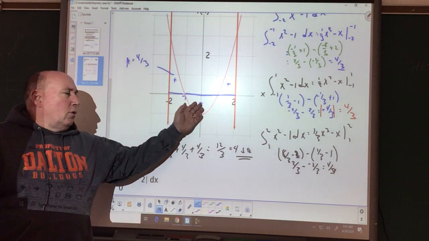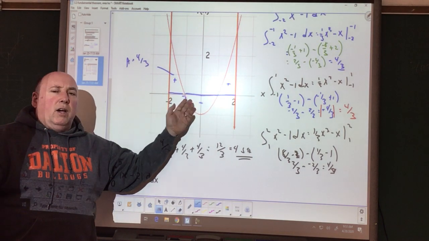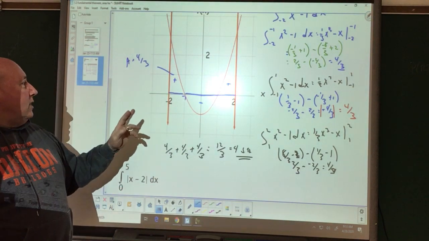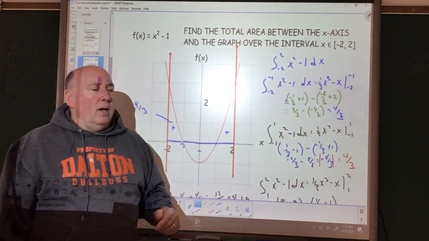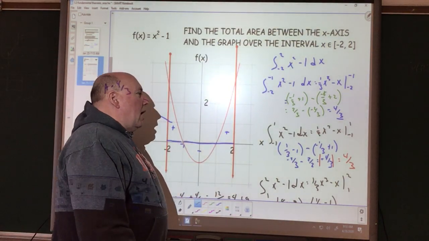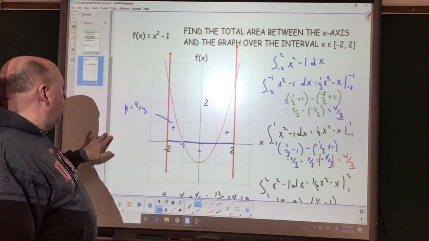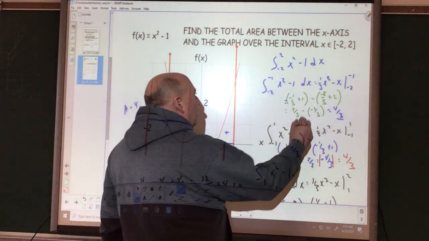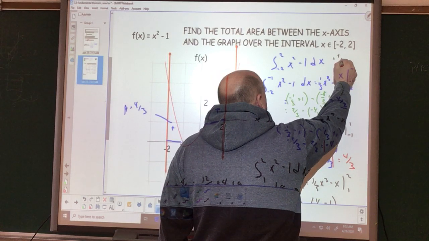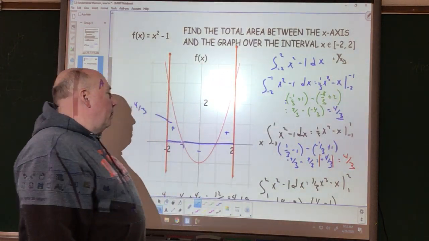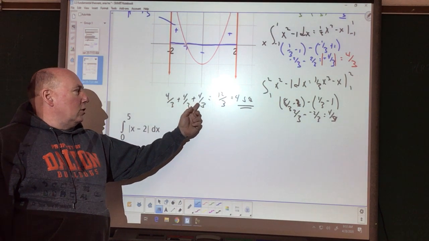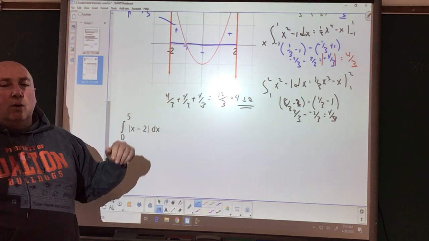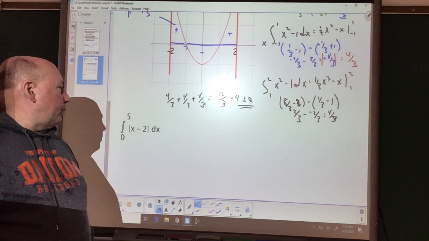But what I wanted to make sure we knew is when we have negative area, we need to take the absolute value. We just can't take from -2 to 2 and evaluate. If I did that, I would get a value of just 4/3, which is incorrect. Because if I did that, I would get 4/3 plus a -4/3 plus 4/3. These would cancel, it just gives me 4/3.